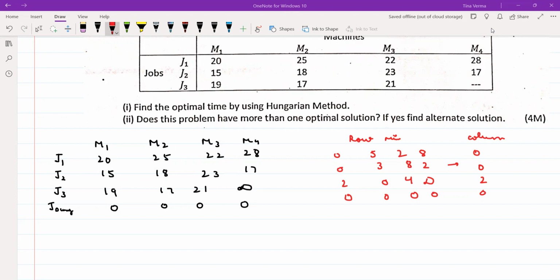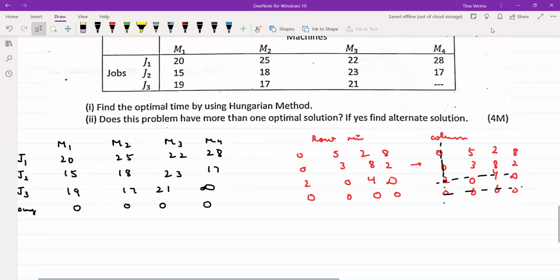So this matrix remains the same: 5, 3, 0, 0. This will be 2, 8, 4, 0, and this will be 8, infinity, 0. So next, what you have to do is draw the minimum number of horizontal or vertical lines so that all zeros are covered. If I draw like this, this is my one vertical line. If I draw this, this is my other vertical line. So these all are the zeros.